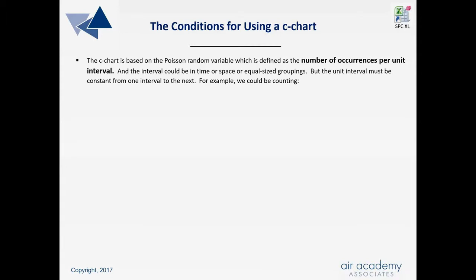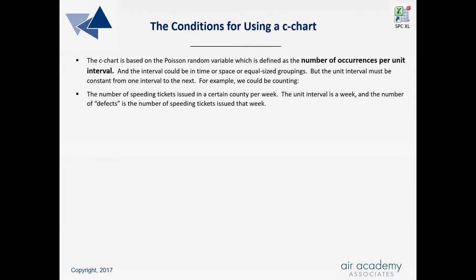For example, we could be counting the number of speeding tickets issued in a certain county per week. In this case, the unit interval is a week, and the number of defects is the number of speeding tickets issued that week. It could be the number of patients arriving at an emergency room per hour.